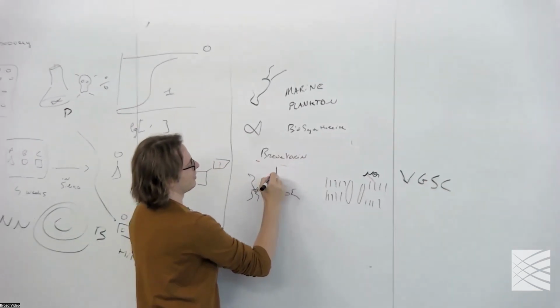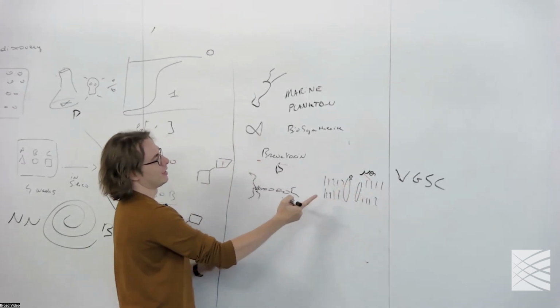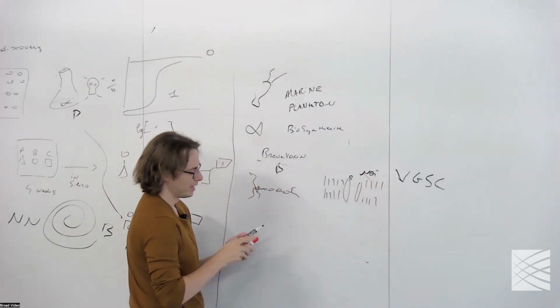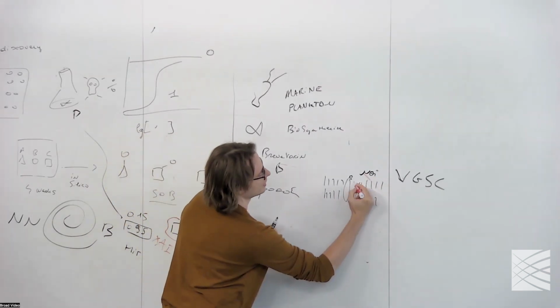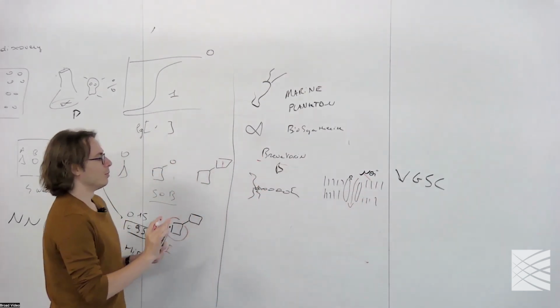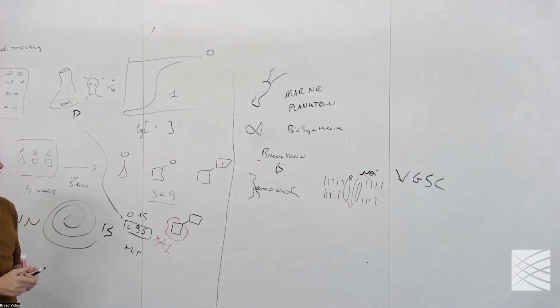And brevetoxin, if I denote this as B, lies on the inside of this ion channel and keeps it open. So you would basically have a net influx of a lot of these sodium ions inside, which would mess up the cell signaling in the neuronal cells and can lead to all kinds of pathologies.